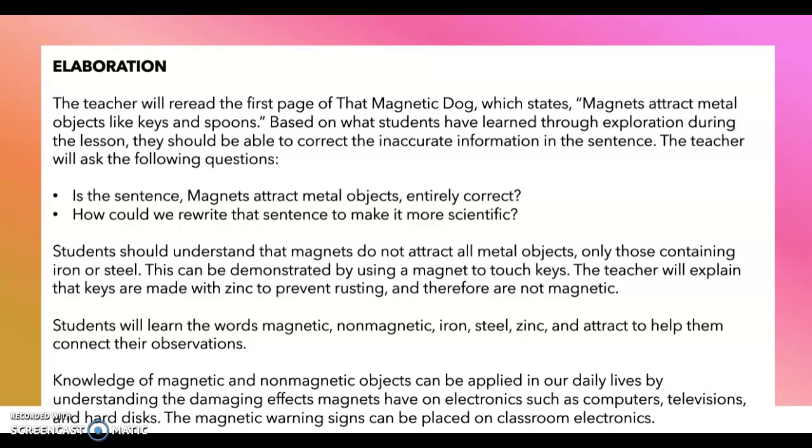Knowledge of magnetic and non-magnetic items can be applied in our daily lives by understanding the damaging effects magnets have on electronics, such as computers, televisions, and hard disks. The magnetic warning signs listed in the materials can be placed on classroom electronics so students can connect the idea that magnets should not be close to certain electronics.